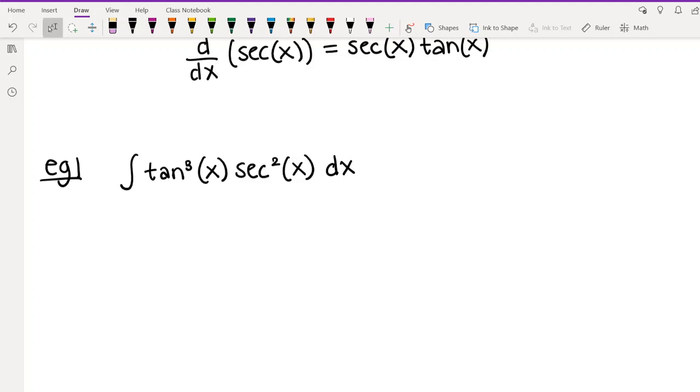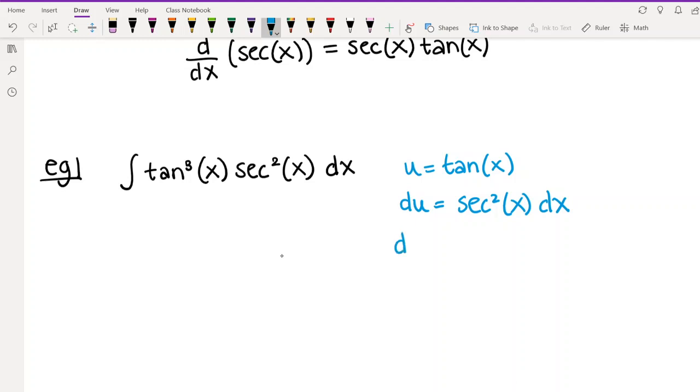In this case, if we let u equal tangent of x, then du will equal secant squared of x dx. So du over secant squared of x is equal to dx.